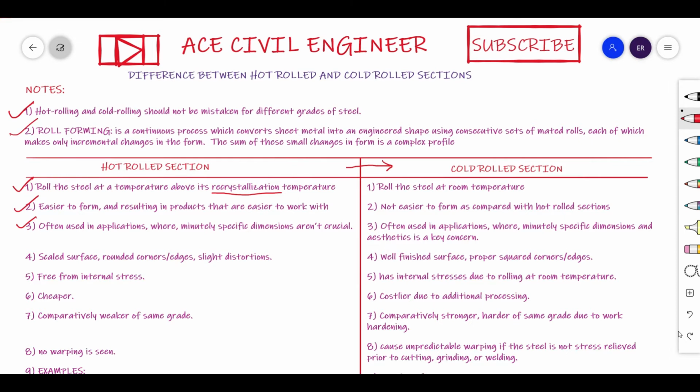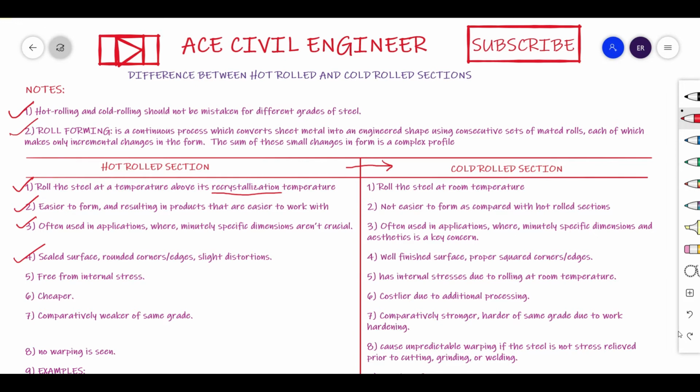At that instant, the material, which is very hot, tries to attain its best possible section, and you get some fine rounded edges. This implies that we have a scaled surface, rounded corners or edges, and slight distortions also. But for cold rolled sections, friends, after cooling of this rolled section we try to mold it again.